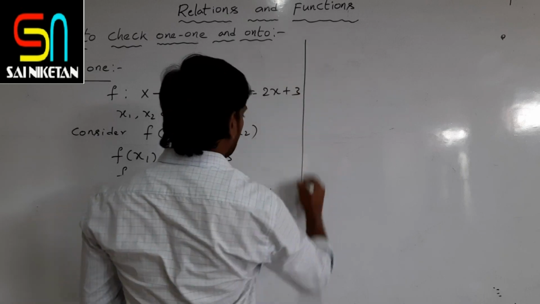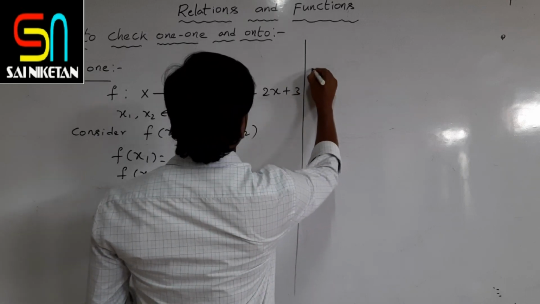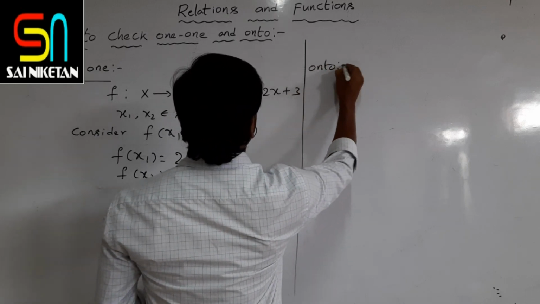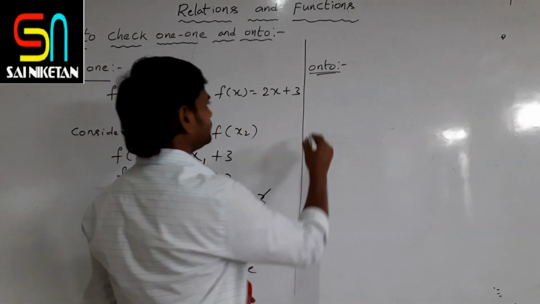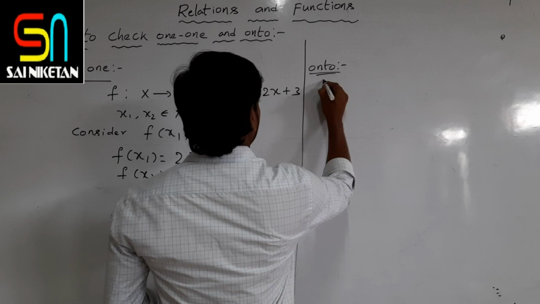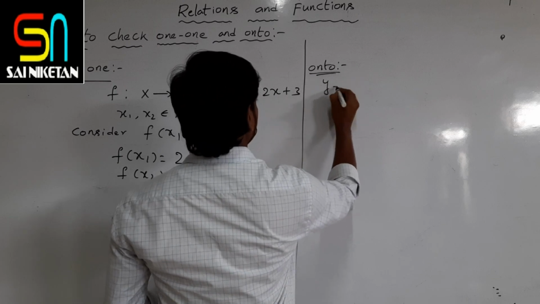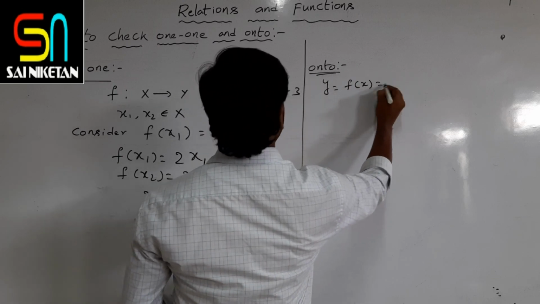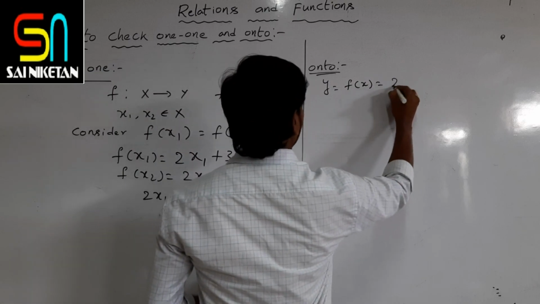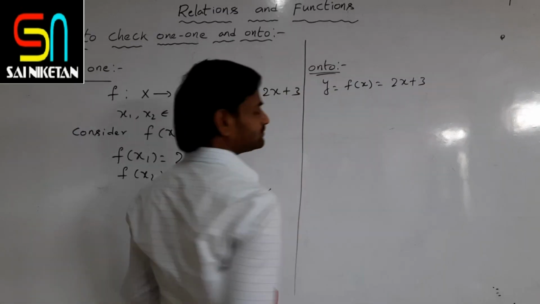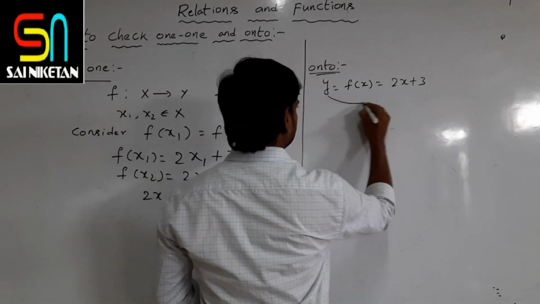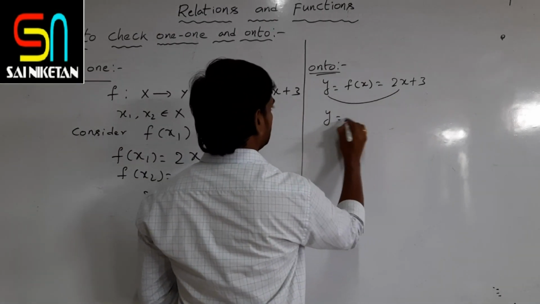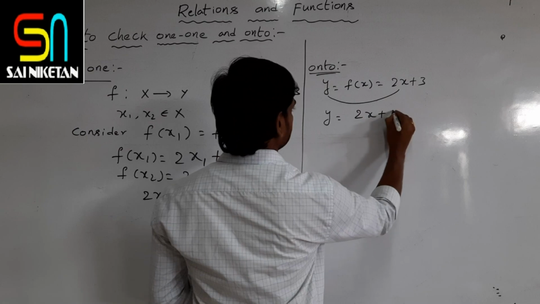Okay. Now see here, what about the onto? How to check the onto? See here. I am taking the same function here, y equal to f of x equal to 2x plus 3. Now take this: y equal to 2x plus 3.